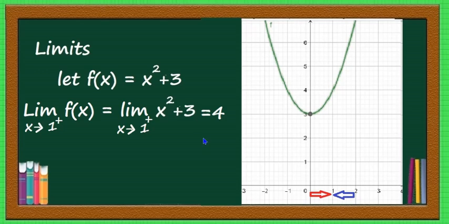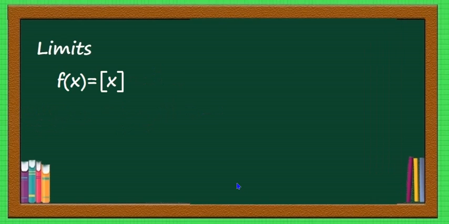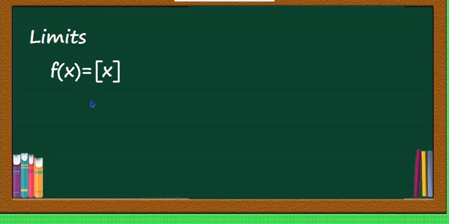I will take another example where the limits of the function from the left side and right side are different. Take the function f of x equal to box x, which is the greatest integer function of x. Just recall the definition: the greatest integer function is the greatest integer less than or equal to x.